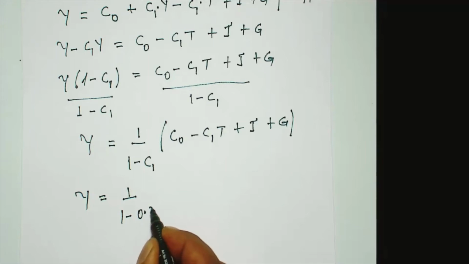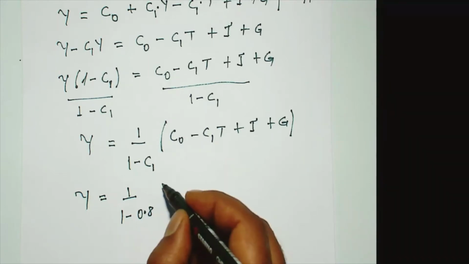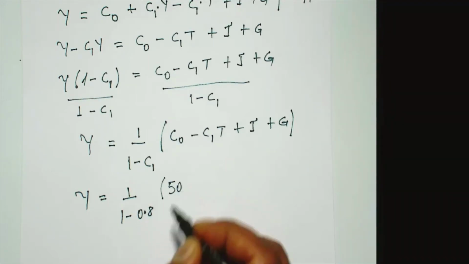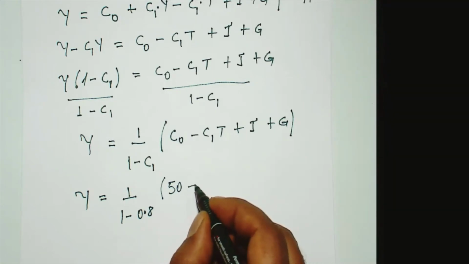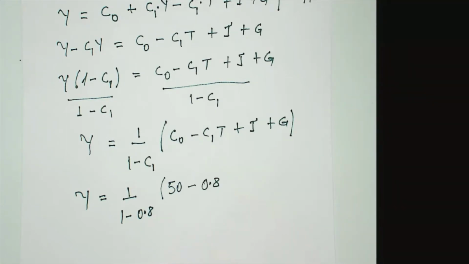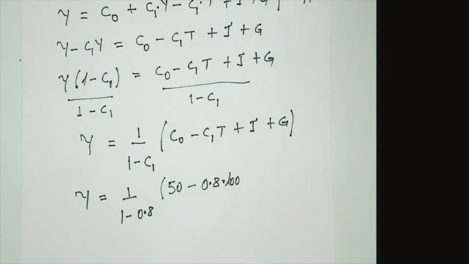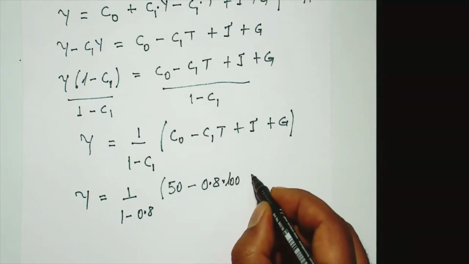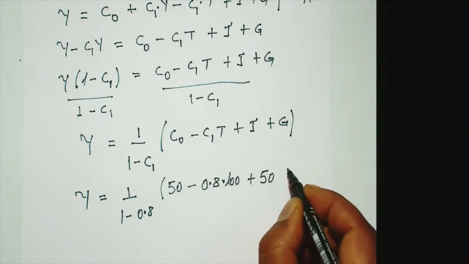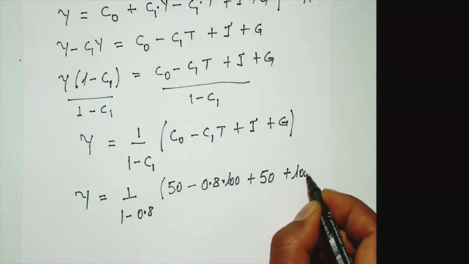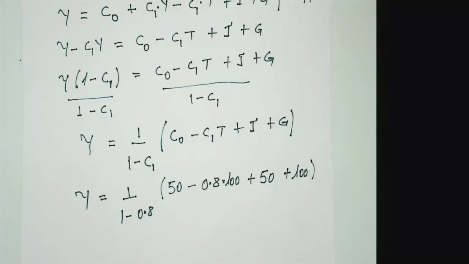We have 0.8 as the marginal propensity to consume, 50 as autonomous consumption, minus 0.8 multiplied by 100 for taxes, plus 50 for investment, plus 100 for government expenditure.